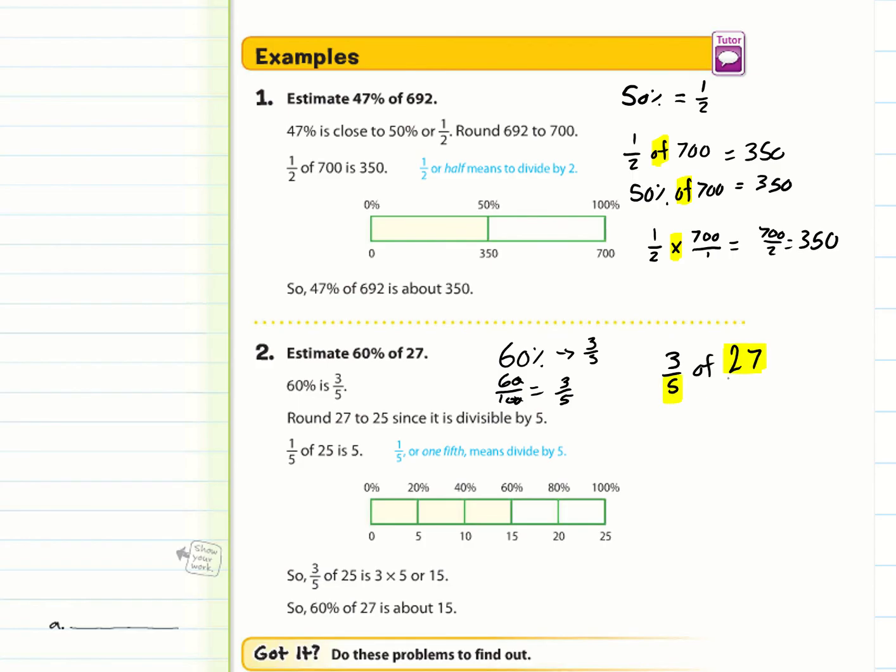So what number is close to 27 that's compatible with 5? So we can estimate this to be 3/5 of about 25, because 25 and 5 are compatible. So if I do 3/5 times 25 over 1, that crosses out to 1, that's 1/5, because dividing by 5, divided by 5. So now we have 3 times 5 equals 15. So 60% of 27 is about 15.